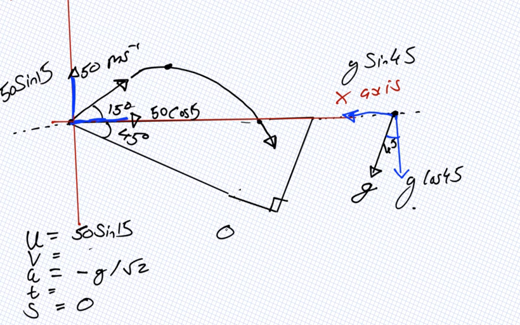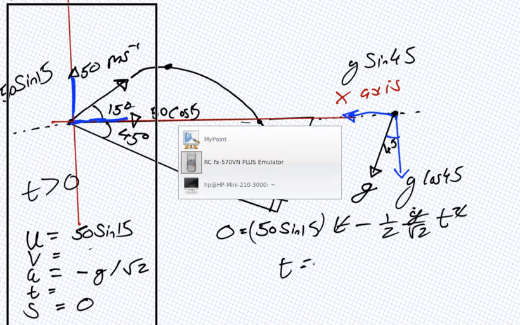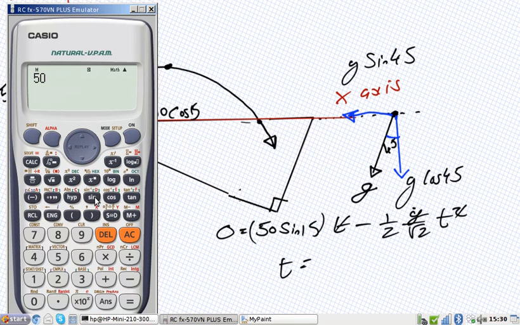So we get s equals u t plus a half a t squared, and we'll take the t to be bigger than 0, so we can divide through by the t, and we get t equals 50 sine 15 times 2 times square root 2 divided by g, which is 3.73 seconds.